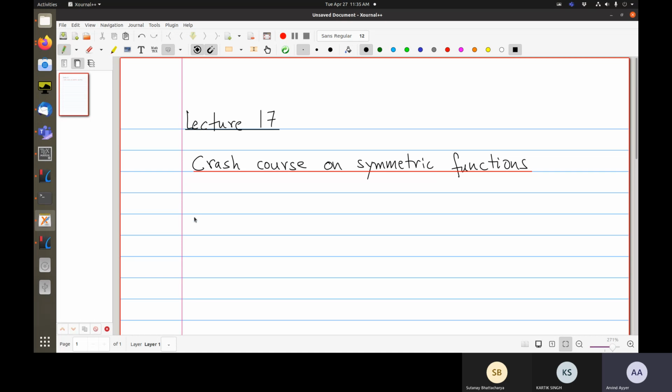Okay, but let me keep the setting. Let me set the notation and the terminology. So let R be a commutative ring with identity.